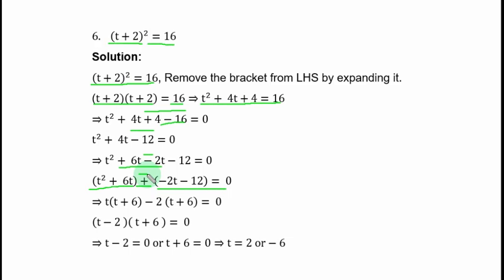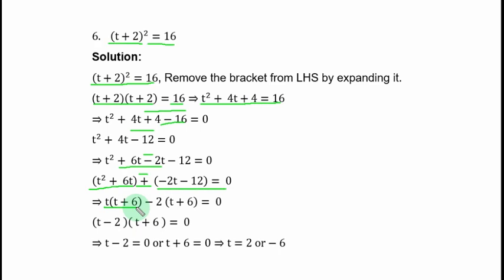From the first group, t is common. When you factor it out and divide t squared and 6t by t that you factored out, you have t plus 6 remaining. Now from the first group, if you work the first bracket, t there is positive, and we should have the same thing from the second group.